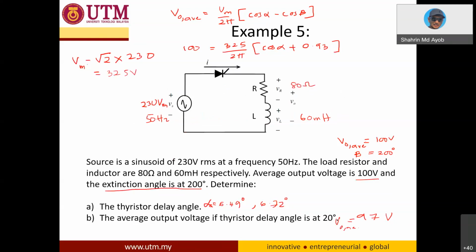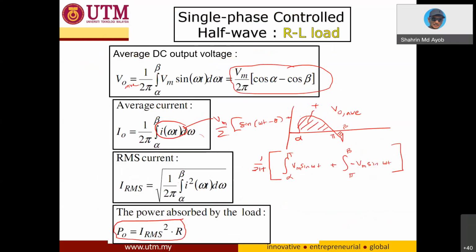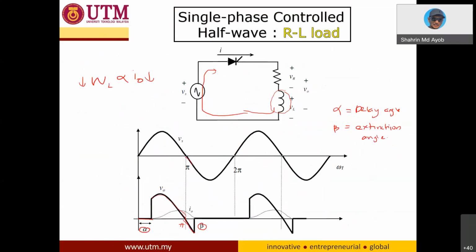Okay, before we proceed with the next subtopic, I just want to show you something about the location of beta. As mentioned before, this beta location is the point where the energy inside the inductor is already fully discharged. So this beta location depends on the size of the inductor.